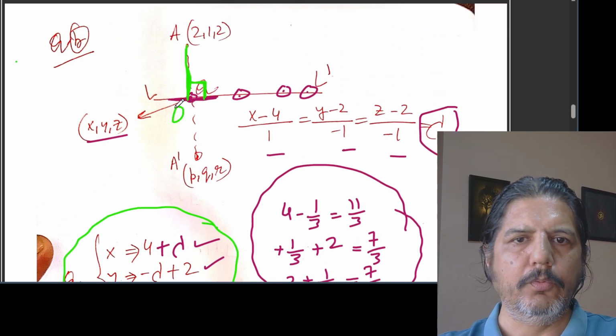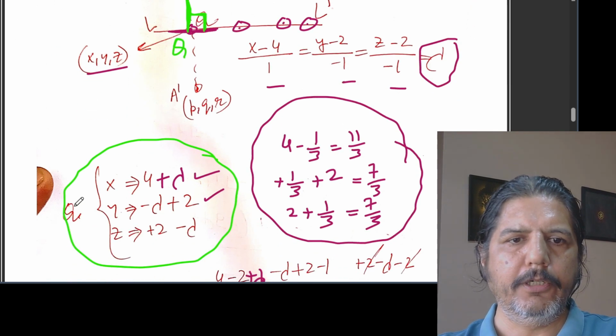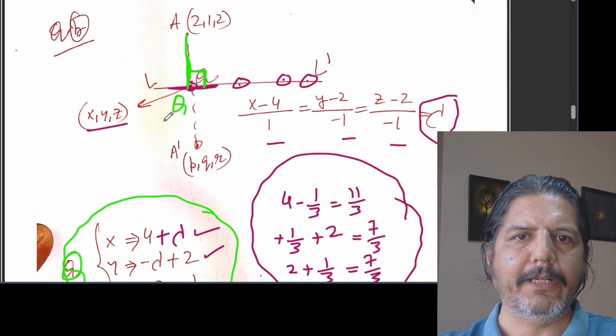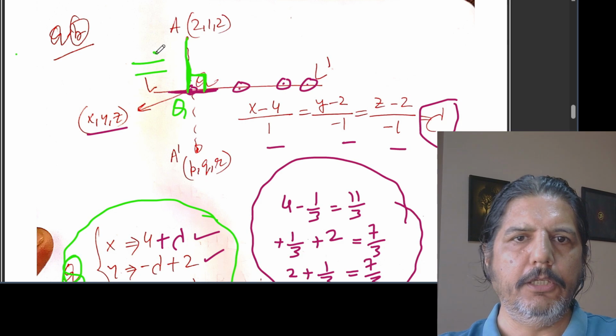This is the point Q. So first I'll find the direction ratios of this line, AQ.